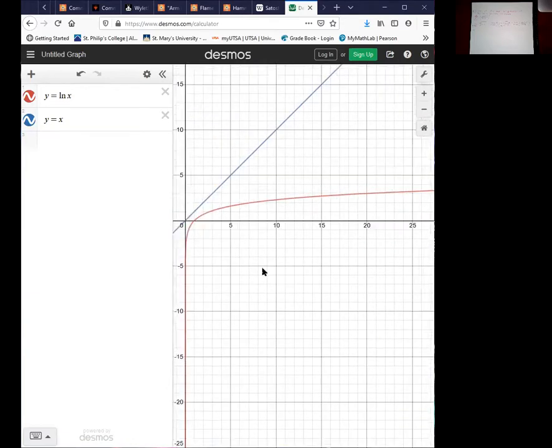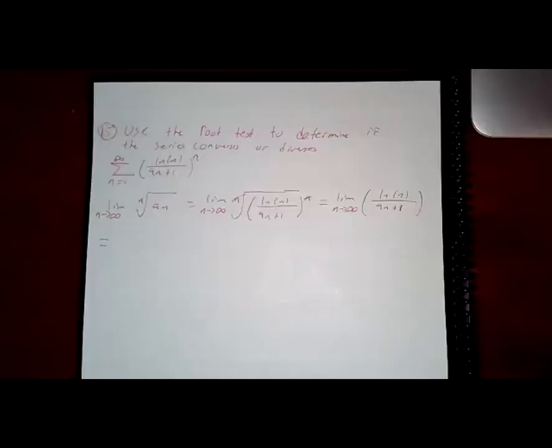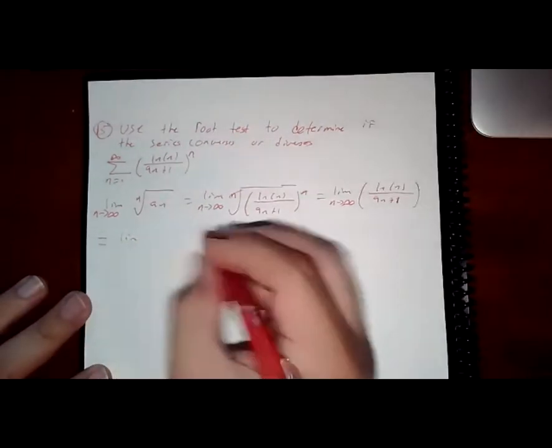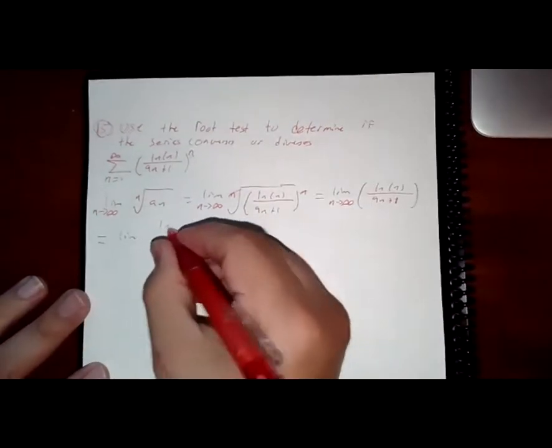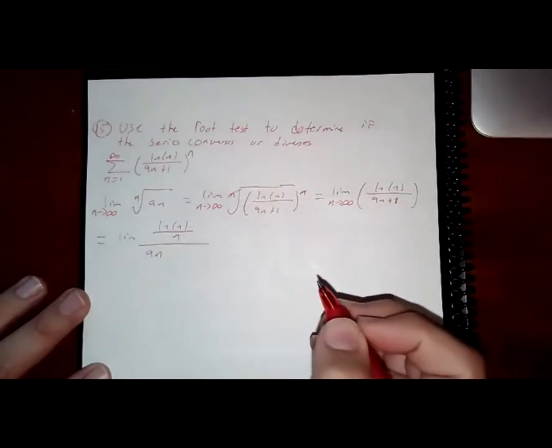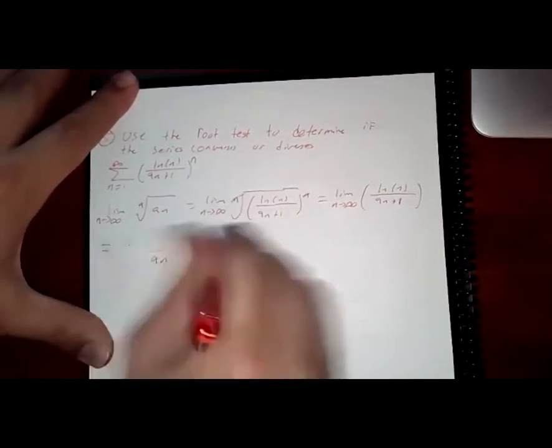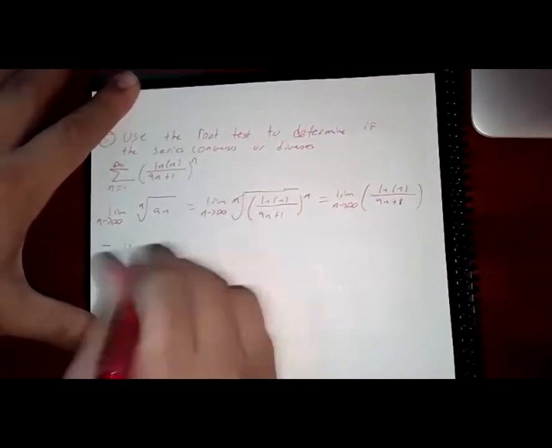So I would say that the degree of the bottom is more powerful. To show your work, you can divide every single thing by the highest power. Honestly, it's going to be the same thing. You should just use a logical argument.